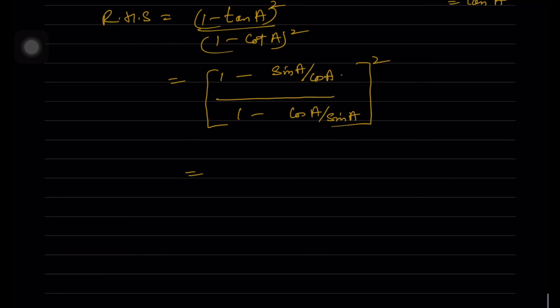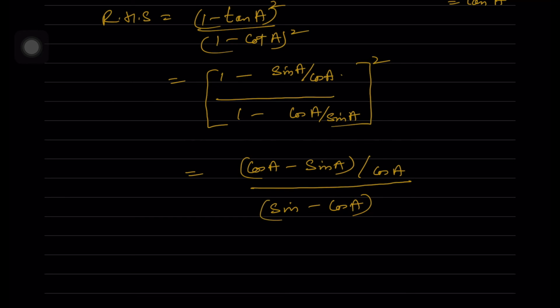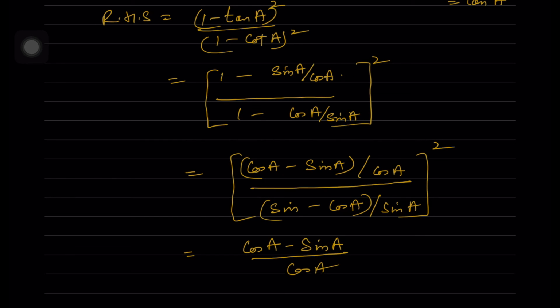Now if you take LCM in the numerator, (cos A minus sin A) by cos A by (sin A minus cos A) by sin A. This we are taking it as whole square. So now this can be written as equal to, in the brackets, (cos A minus sin A) by cos A into sin A by (sin A minus cos A).